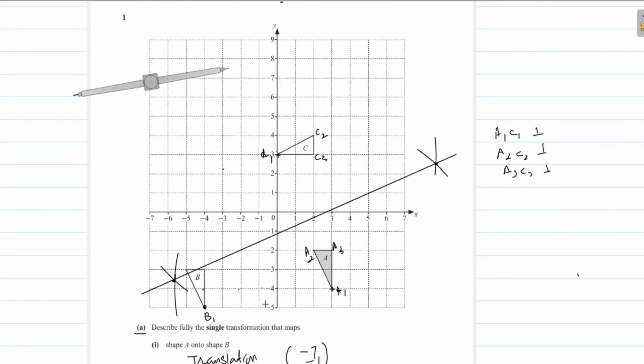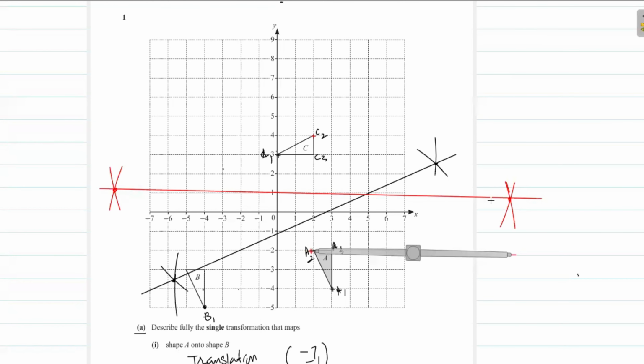Next, we will draw the perpendicular bisector between A2 and C2. You see here the perpendicular bisectors between A1, C1 and A2, C2 intersect at this point, and this is the center of rotation. Now we can find the angle between shape A and shape C if we join C1 to the center of rotation, and next join A1 to this center of rotation.